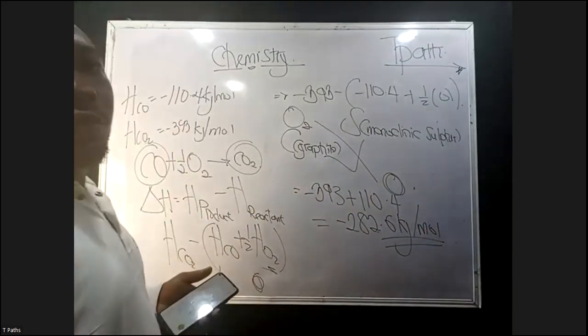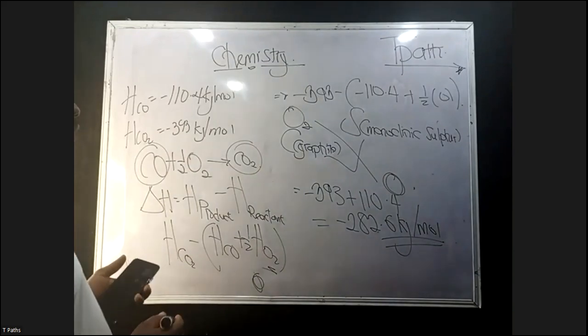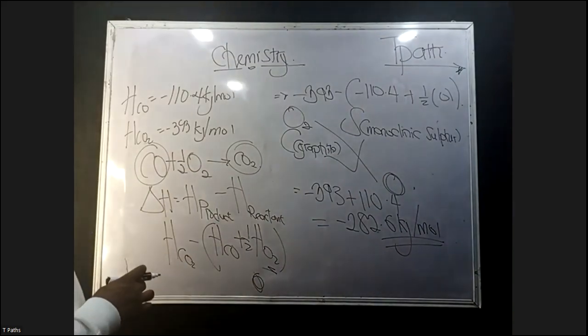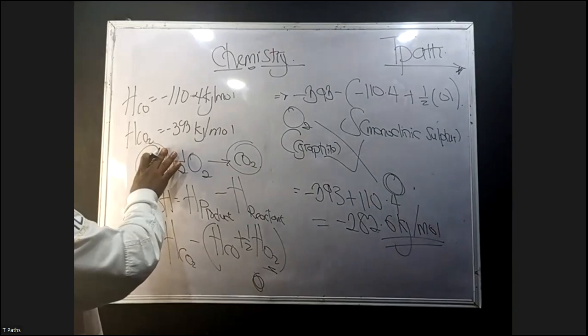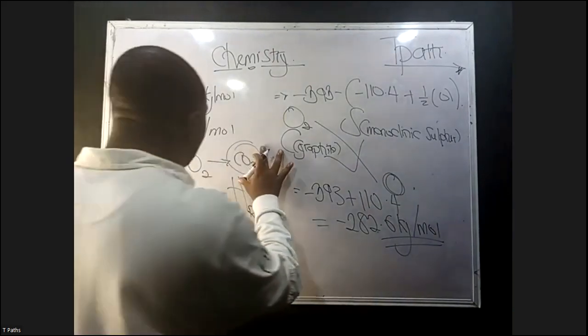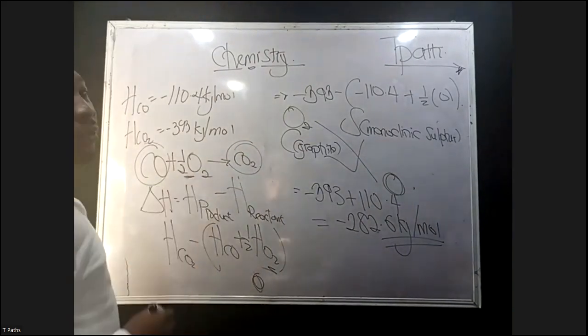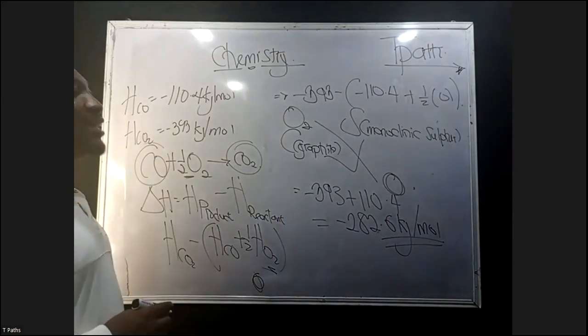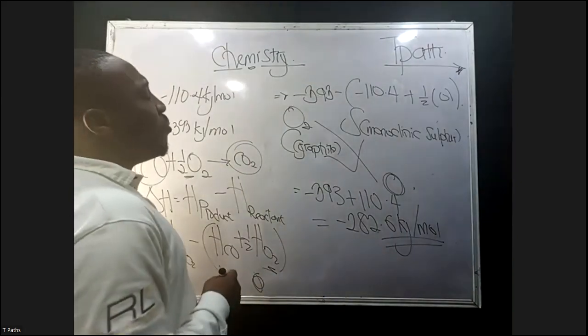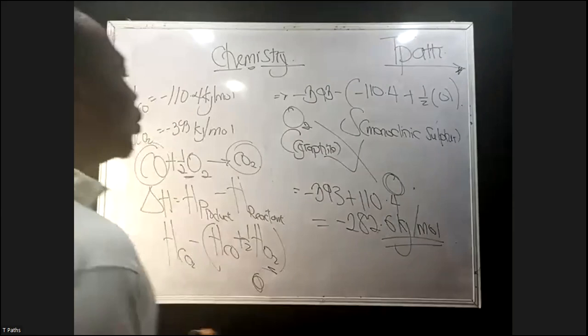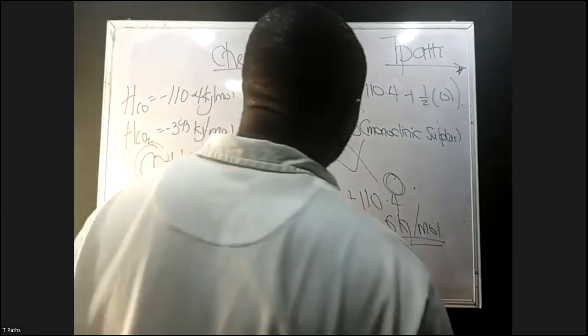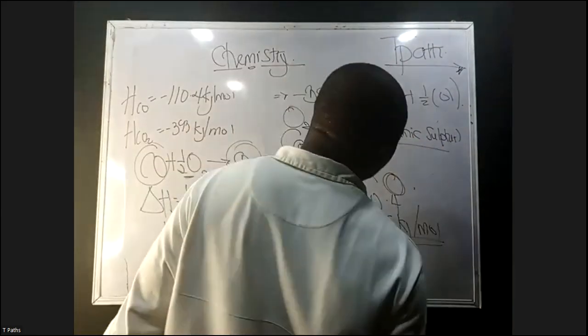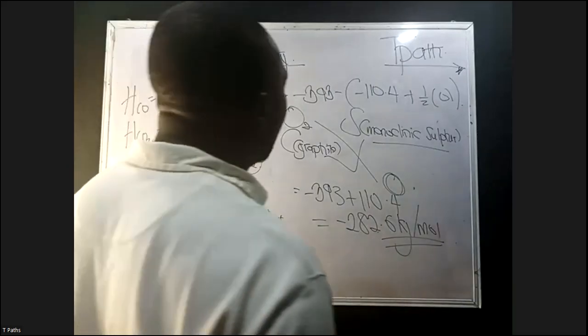Note your unit. So in this case, we observe the question. We are given the enthalpy of CO and the enthalpy of CO2, but the enthalpy of O2 was not given. You need to note that the enthalpy of a standard value is always 0. O2 is the standard value, carbon graphite is the standard value, monoclinic sulfur is the standard value too. So it assumes a value of 0.